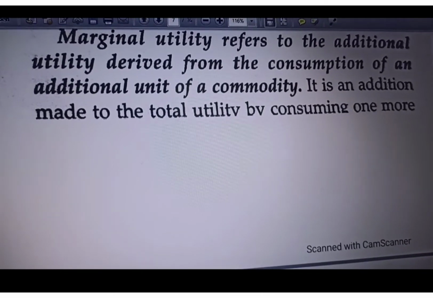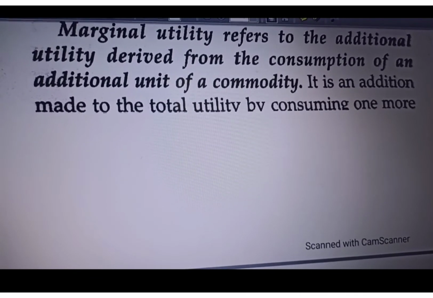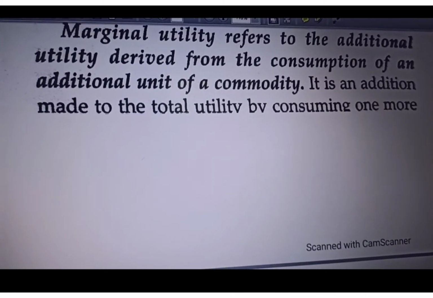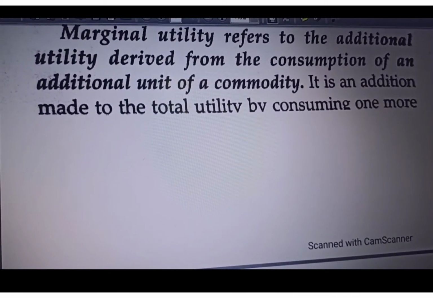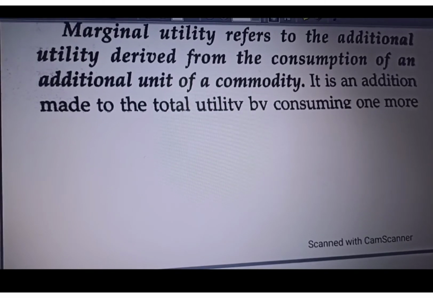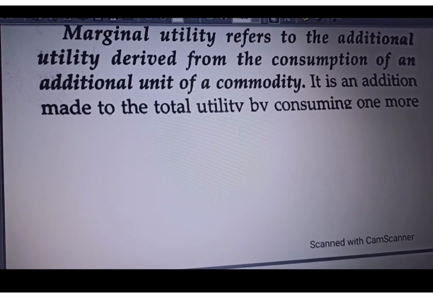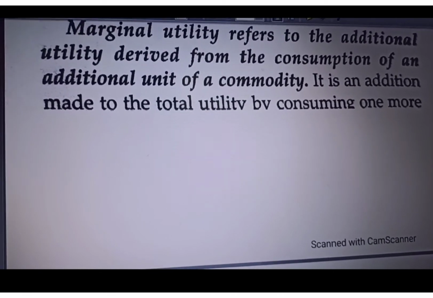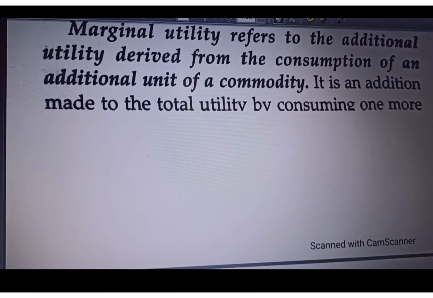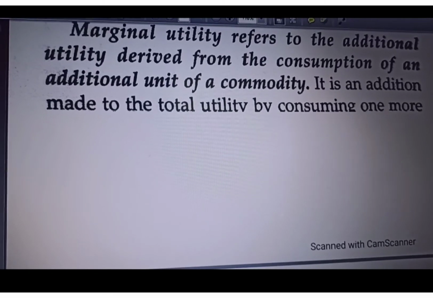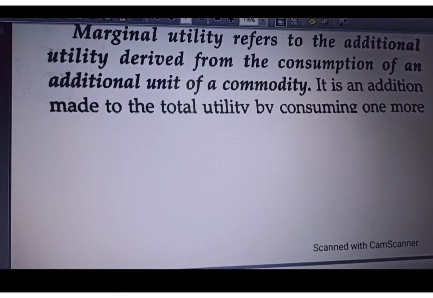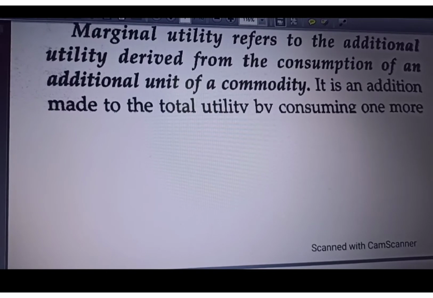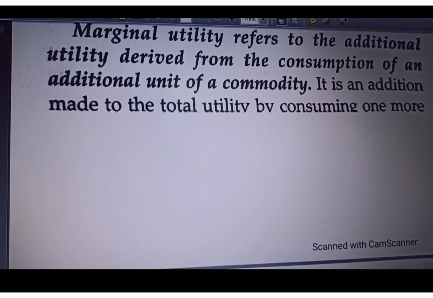And after eating the second samosa, your satisfaction level will come down more. So then you are not willing to pay more than the price. And what is the price of the samosa? That is rupees 10. So after the satisfaction level comes down, you are not willing to pay more than the price of the commodity, and there the marginal utility becomes zero for any commodity.